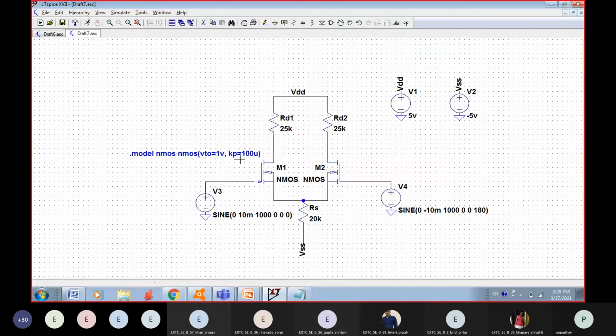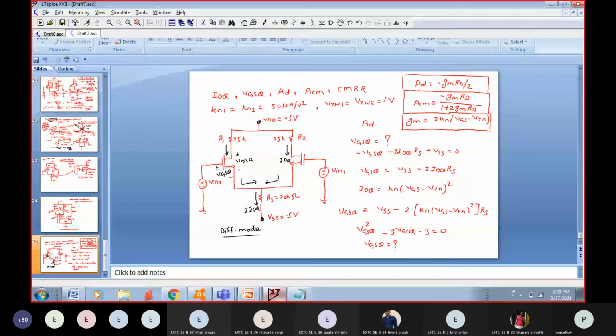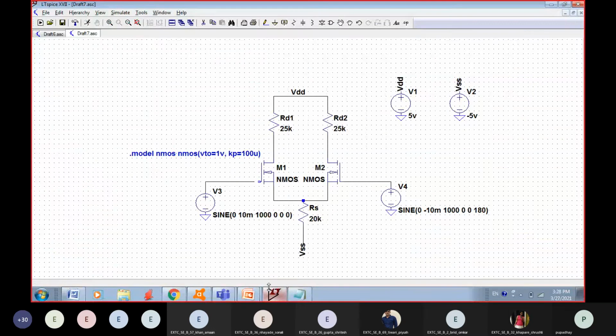If you can see that slide, this KN was 50 micro. So in LTSPICE, your KP is 2 times of this. That's why I have given this value as 100 micro. All set now.